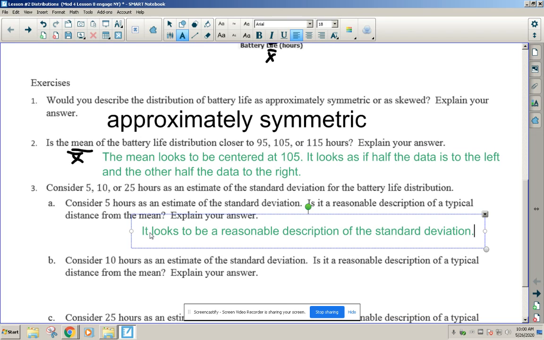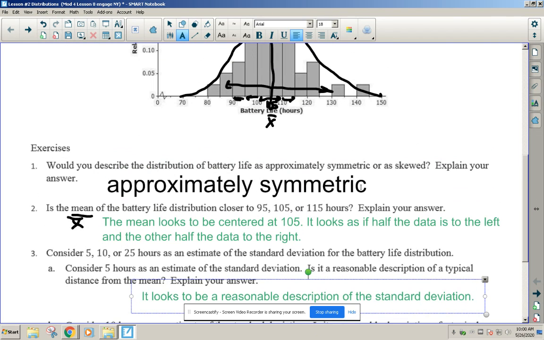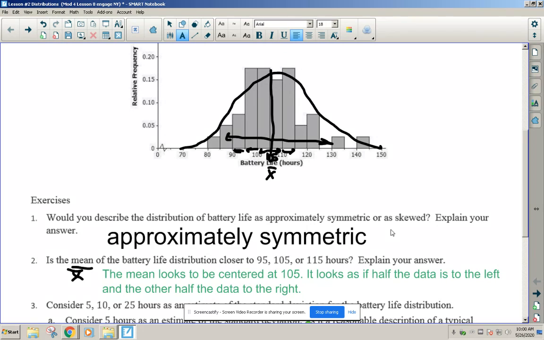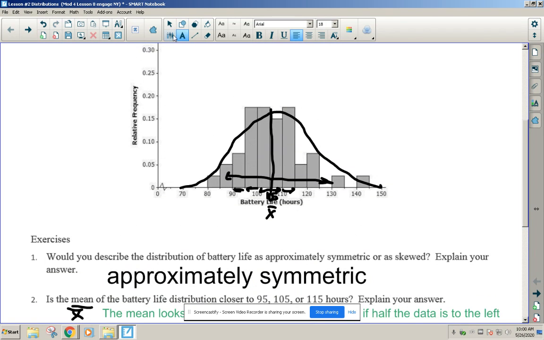Part B, consider 10 hours as an estimate of the standard deviation. Is it a reasonable description of a typical distance from the mean? It looks as if you could use 10, since if we were counting by tens, you would have 2 bars in each one of these.